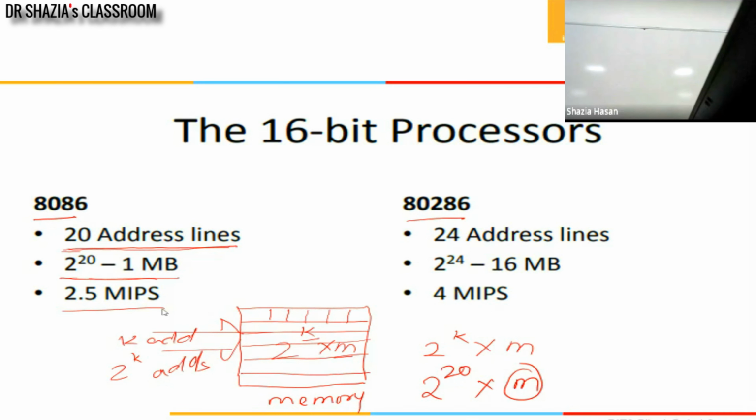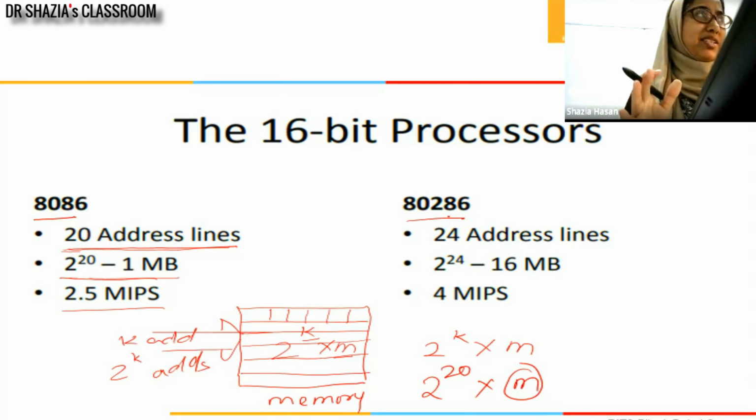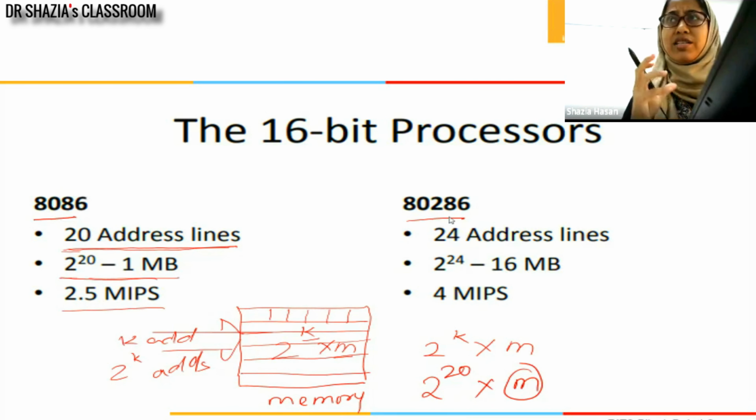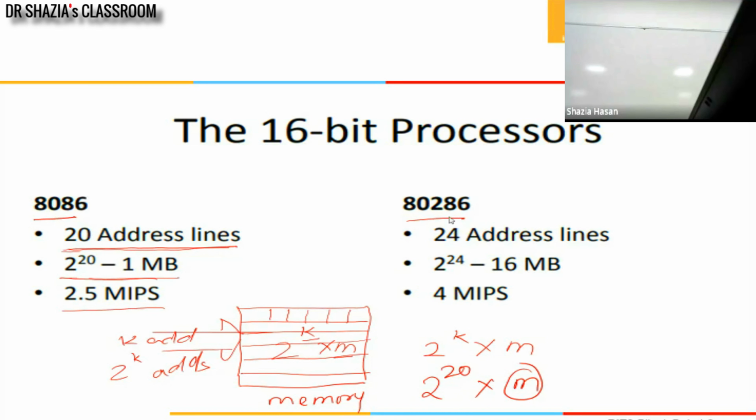Compared to 8086, 80286 is also a 16-bit processor. That means it is capable of handling 16 bits of data, or performing operations on 16 bits of data. But architecturally it is different from 8086, and functionally it is very different. Many advanced things have been added to 80286.